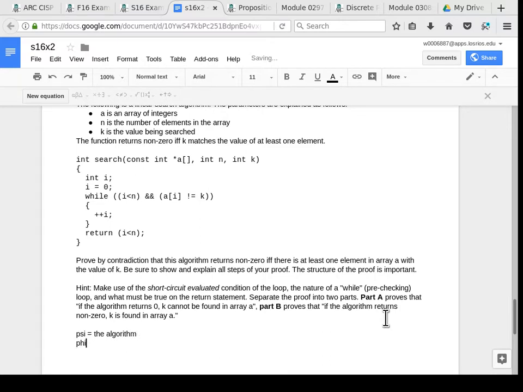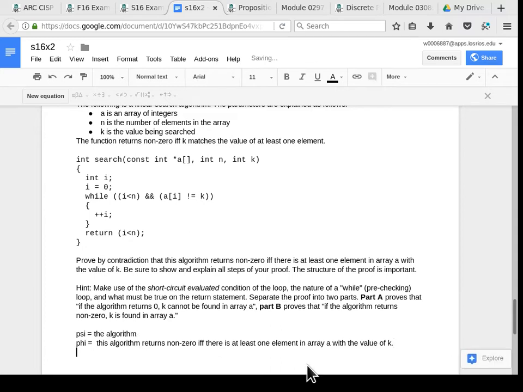And then phi, which is the theorem that we're trying to prove, is identified by this: the algorithm returns non-zero if and only if there's at least one element in an array with the value of k. Okay, so we'll just copy and paste this here.